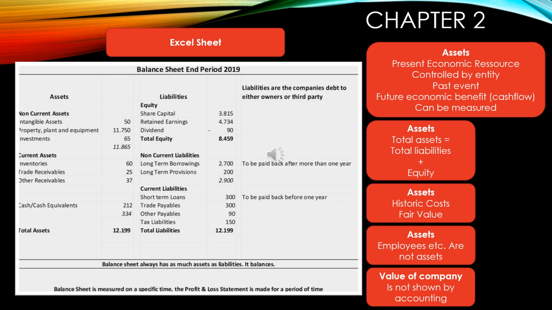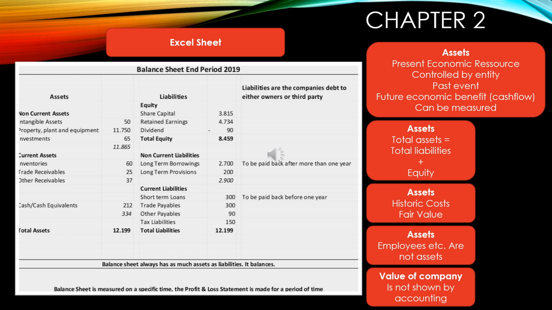In the balance sheet, we have first the assets and we have the non-current assets. These are the assets that the company is deciding to keep. Machinery, property, plant, equipment, and also intangible assets such as goodwill that they have bought earlier, trademarks, etc. They have the current assets for which the idea is that the company will probably try to sell them or convert them into other assets, such as inventories.